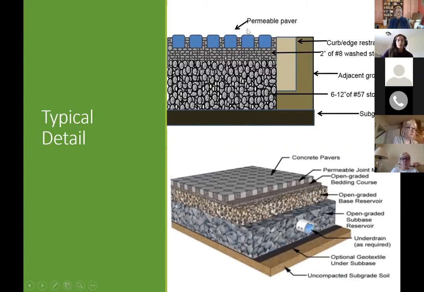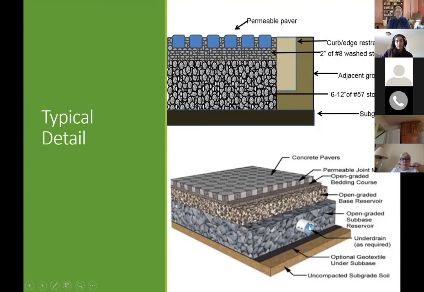Typically, we have permeable pavers installed in our area, so those are the ones that we've got pictures of. And then a bunch of rock material, so they are excavated down. Similar to the infiltration trench, you've got this area where that water is going to collect in this underground sump and then hopefully drain into the soils, if we've done our soil test to make sure we do have well-draining soils underneath.